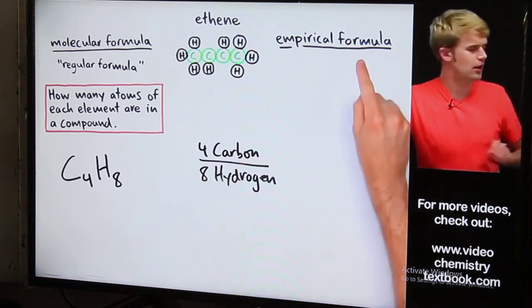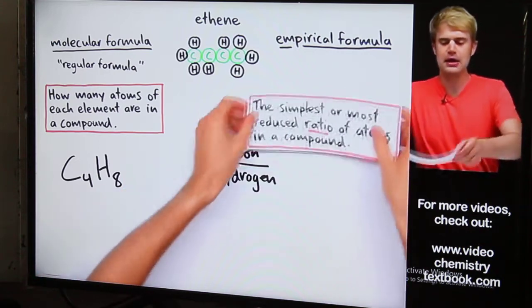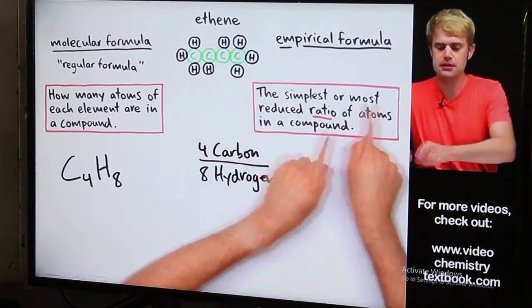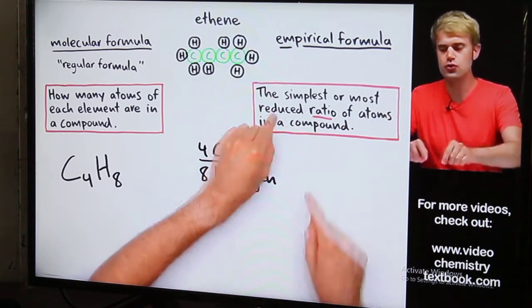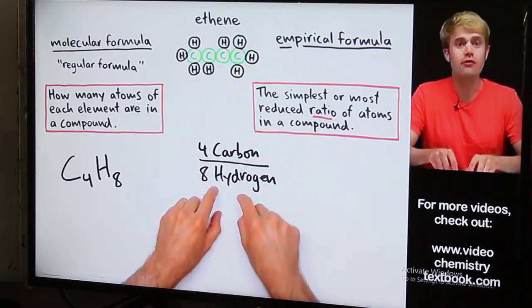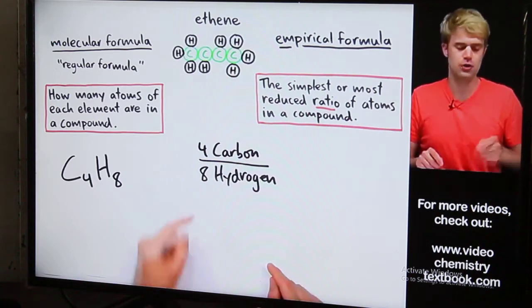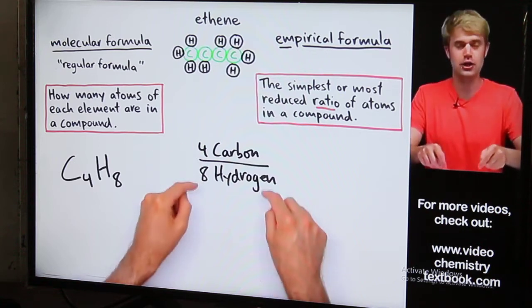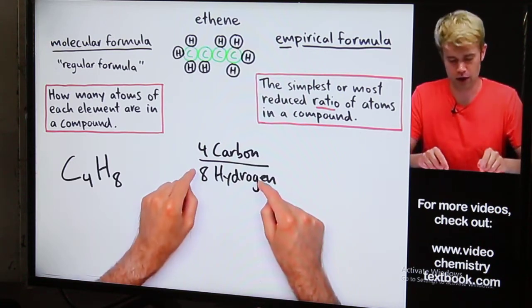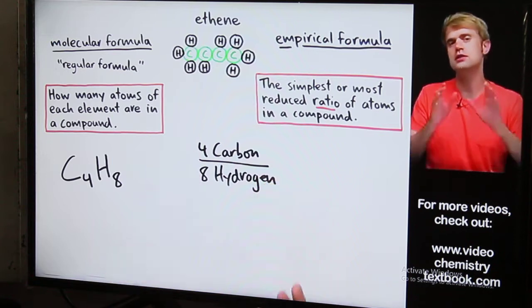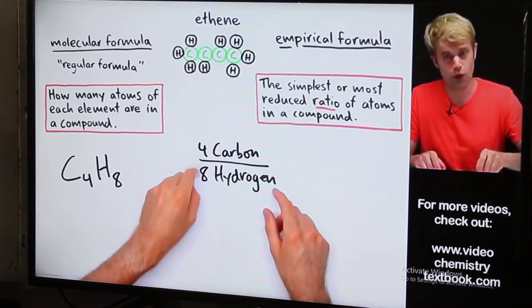Now, what's special about the empirical formula is it tells us the simplest or most reduced ratio of the atoms in a compound. So if this ratio or fraction were on your math homework, how would you write this in the simplest or most reduced form?